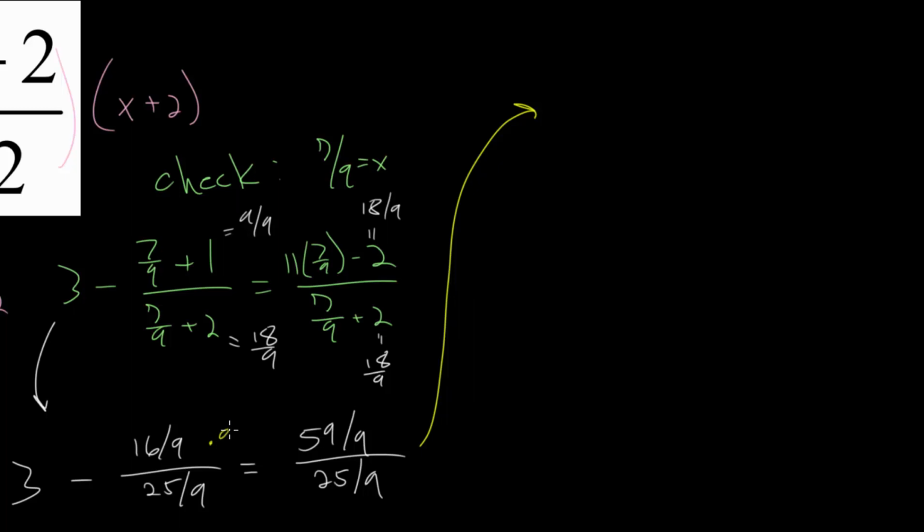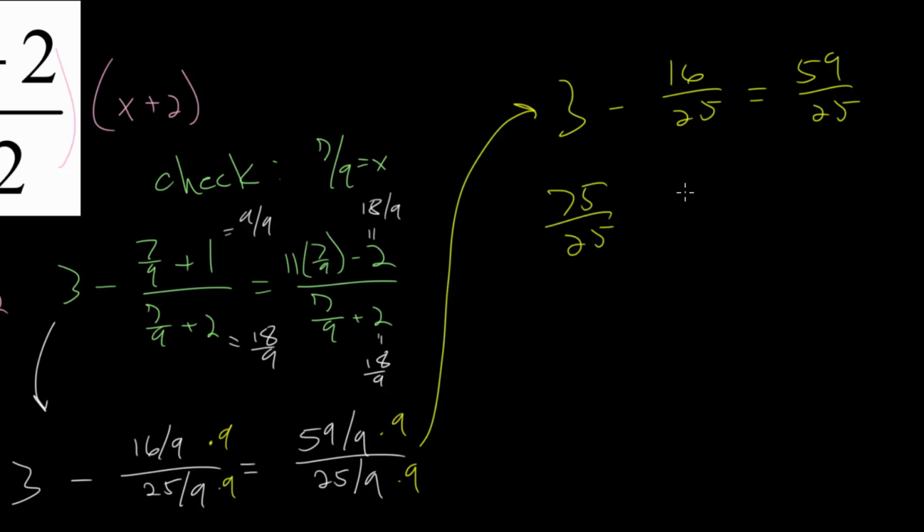You can imagine, we can just multiply top and bottom by 9. That cancels out that fraction. And we do the same here. By multiplying top and bottom by 9, we're just multiplying by 1, so we're not actually changing anything. So we get 3 minus 16 over 25, and this should be equal to 59 over 25. Giving these a common denominator, this would be 75 over 25 minus 16 over 25. Taking away 16 from 75 would give us 59.